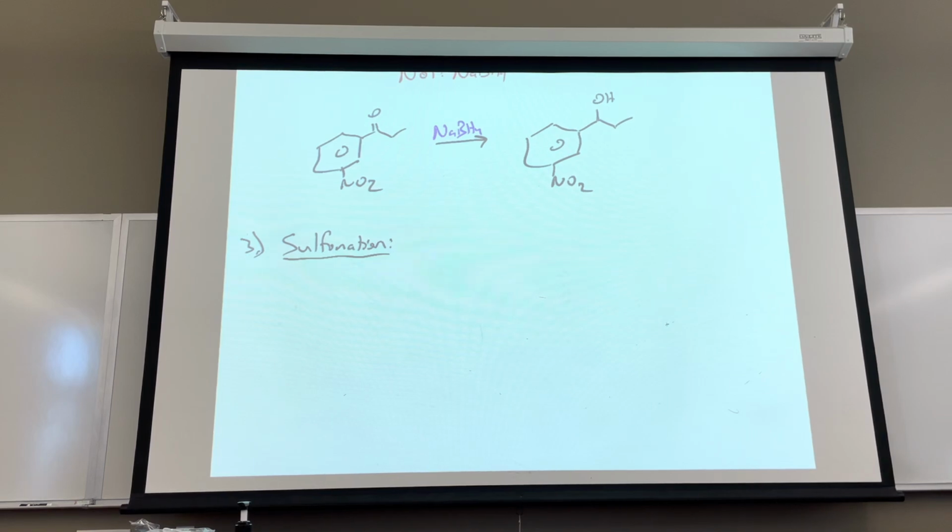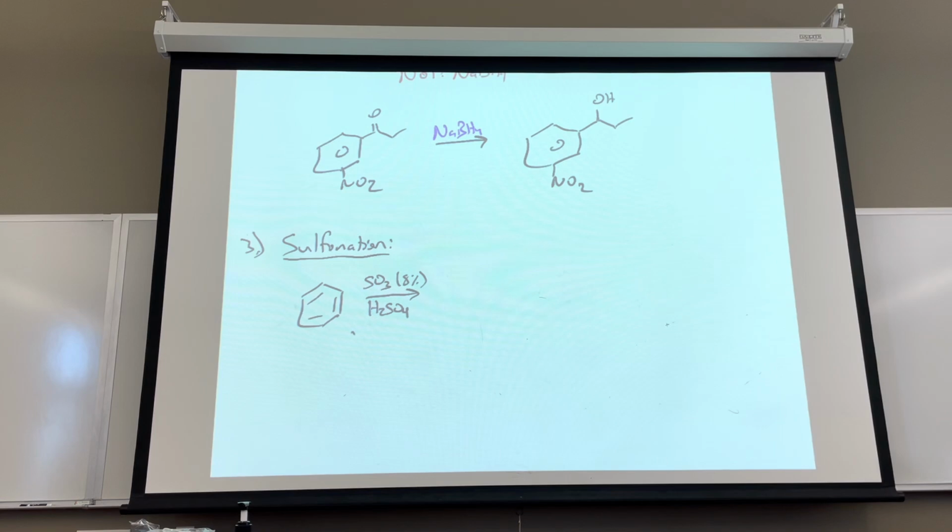So for instance, we can take benzene, and what we're going to use is sulfuric acid, but we're going to add a little bit of something extra. And that something extra is sulfur trioxide, about 8%.